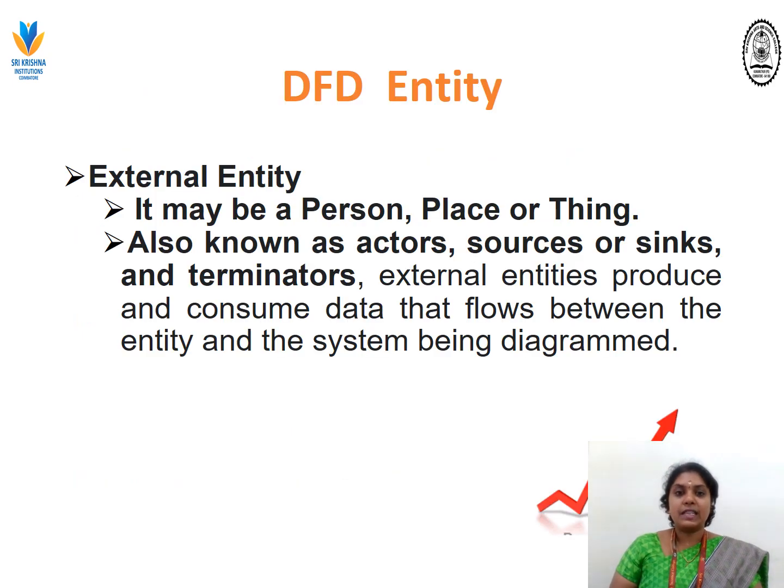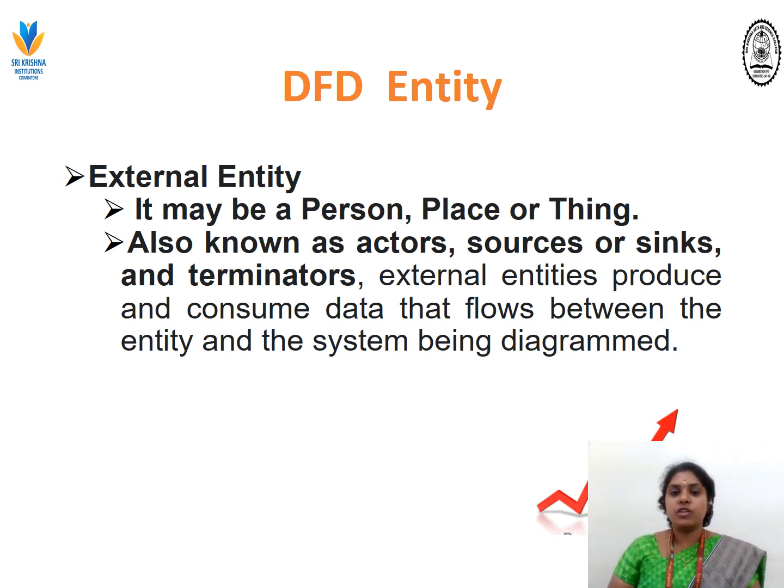Let us talk about a DFD entity. An external entity may be a person, a place or a thing. The entity is also known as an actor, source or sink, and terminator, like a source or destination, where it begins and where it ends. Where the action has to start and where it has to end.